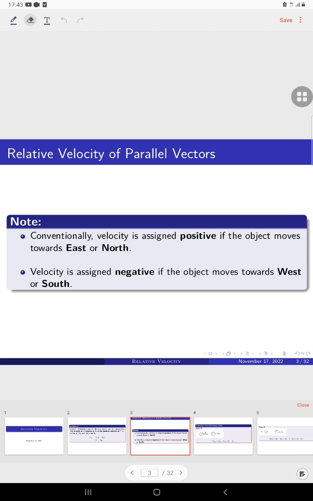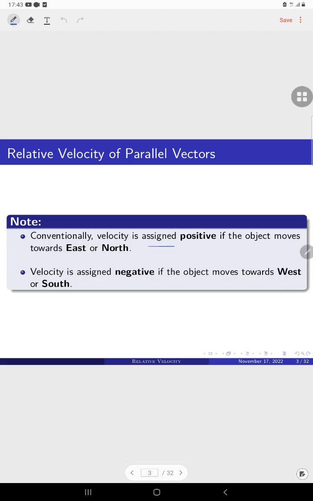When you take parallel vectors, conventionally, we assign positive when the bodies are moving east or northwards, because velocity is a vector quantity. Don't forget.